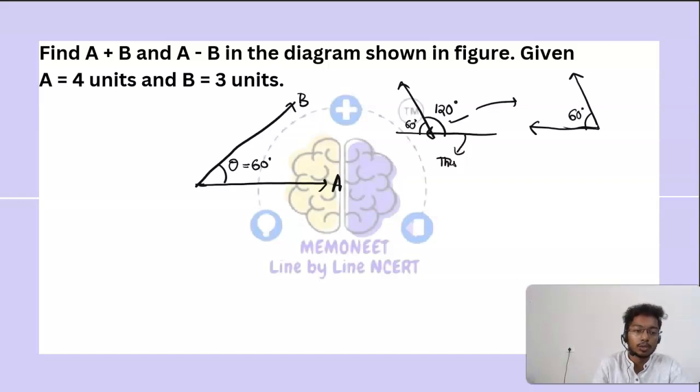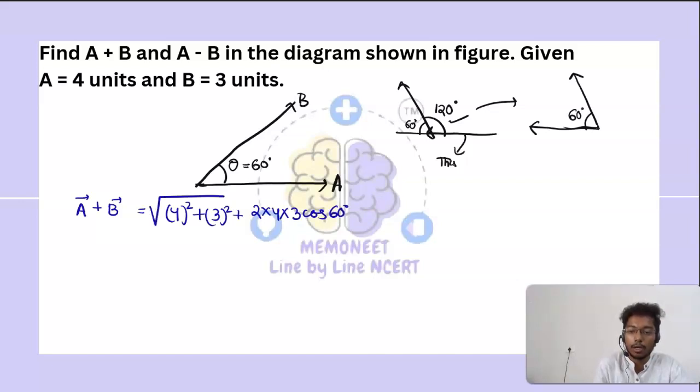Okay, so we will solve this question, that is A vector plus B vector. What is the sum of the two vectors here? Root of A square plus B square plus 2AB cos theta. A is given, that is 4 units, so 4 square plus 3 square plus 2 into 4 into 3 cos 60 degree, under root.